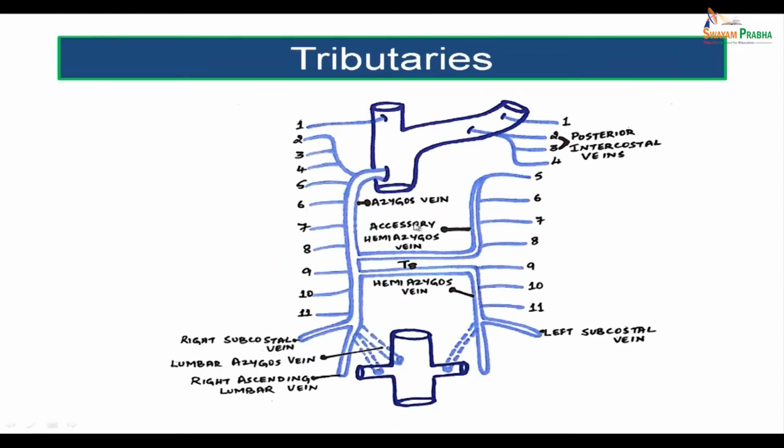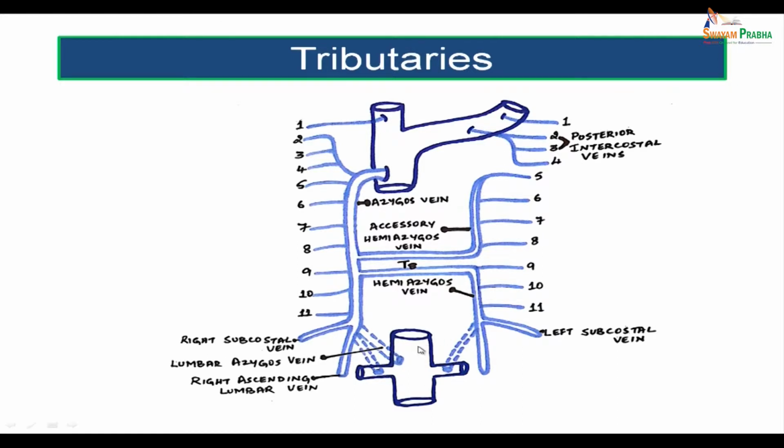These tributaries will connect the superior vena cava with the inferior vena cava. You find the azygous vein, which ends in the superior vena cava, has a communication with the inferior vena cava. You also find the tributaries of the formative veins of the superior vena cava are connected indirectly to the inferior vena cava through its tributaries.